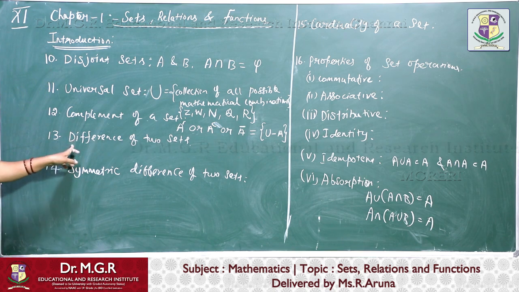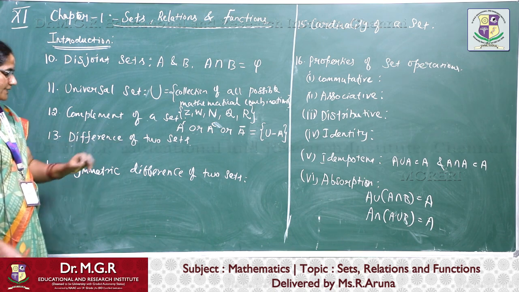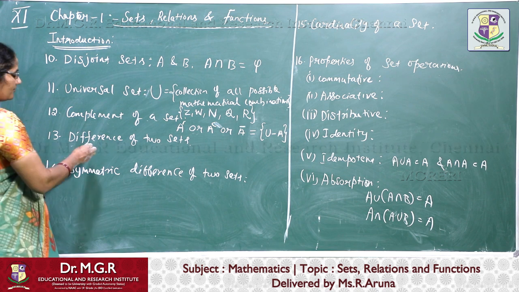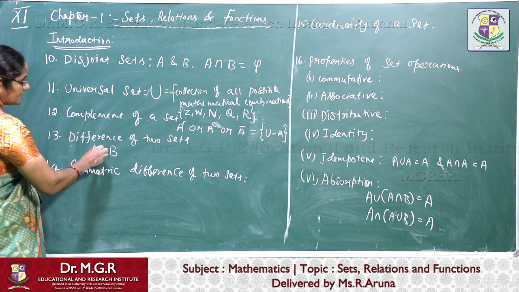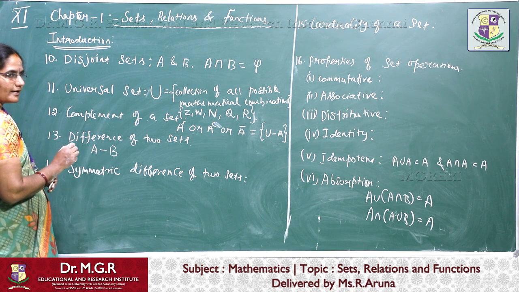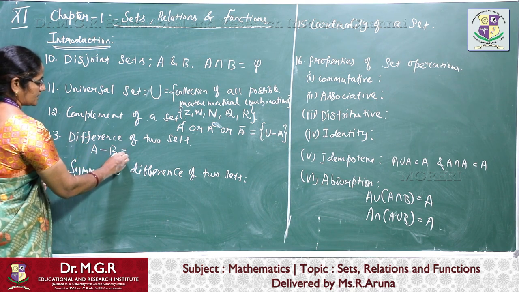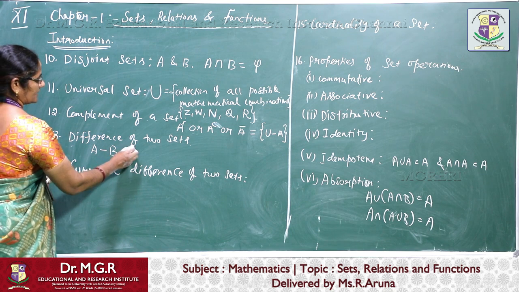Next, we define the difference of two sets. So here we need, as usual, two sets A and B. The difference is denoted by minus. So here how we can define difference?